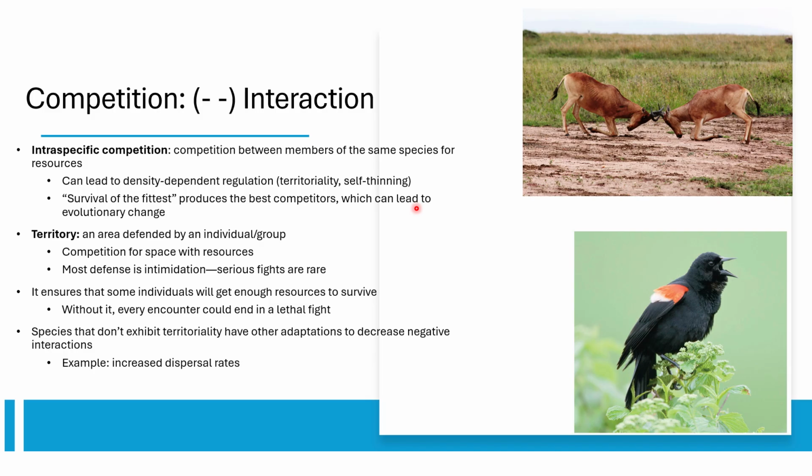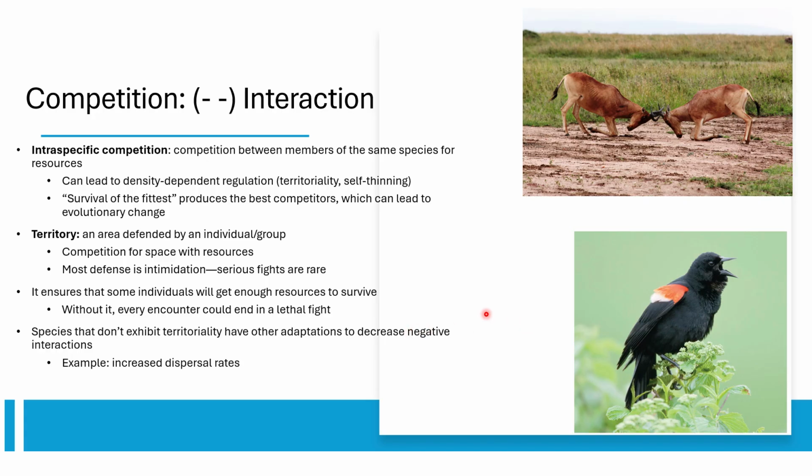If you have organisms that compete for territory, only the organisms that can compete for the resource are going to survive and pass on their traits. So this is typically intimidation or worse.